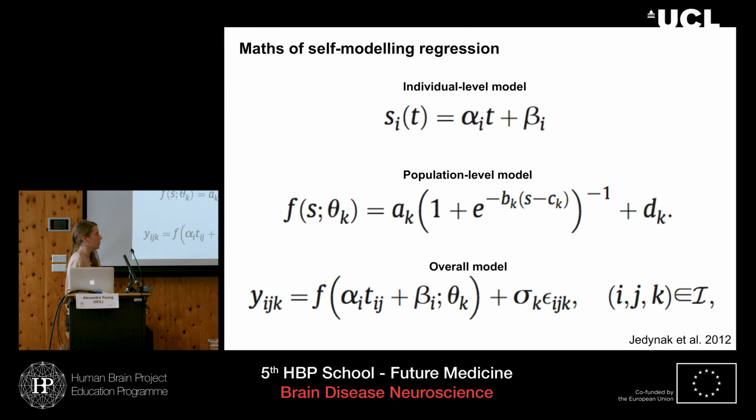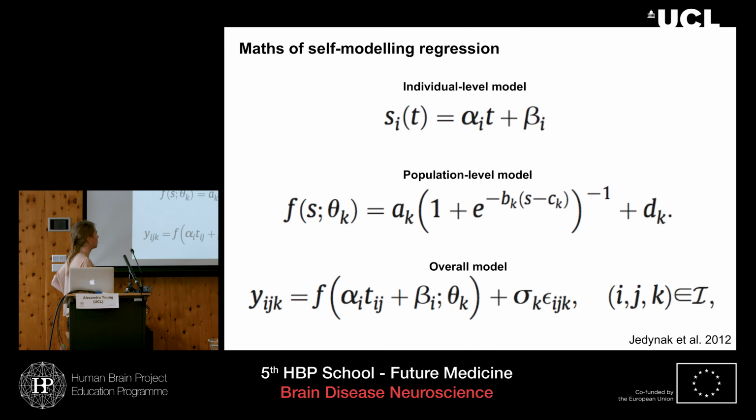So just a bit about how this works mathematically. You have some kind of individual level model. This tells you that your disease progression score is a function of the rate of decline of the individual and their time shift with respect to disease progression. So it's a transformation of age according to how severe their disease is, basically, and the rate of decline.